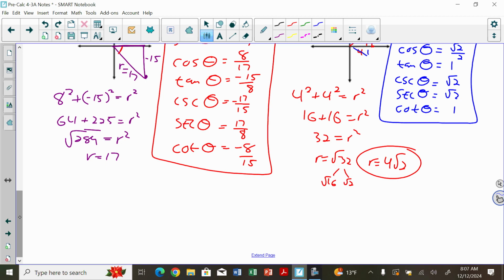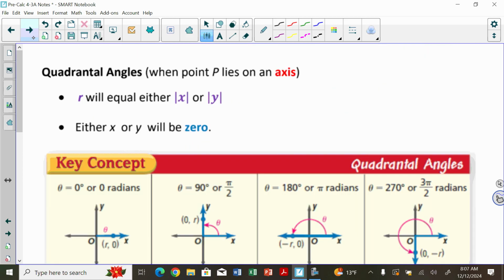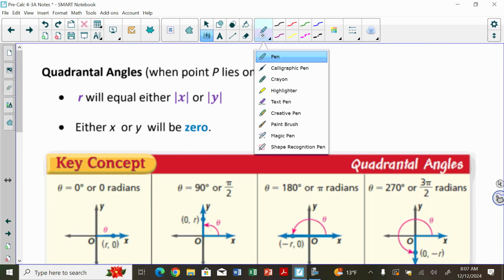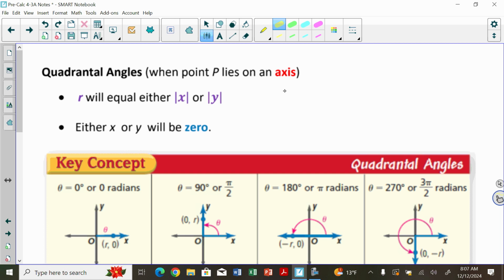All right, so let's go to the next page. Now, we talked about quadrantal angles. Fun word to say. So these angles are where you lie on an axis. So we actually have a point on an axis. You're going to do the same thing you just did, and it actually makes it a little bit easier because in this case, we know that our R value is always positive, so it's going to be the absolute value of either X or Y, whatever that is.